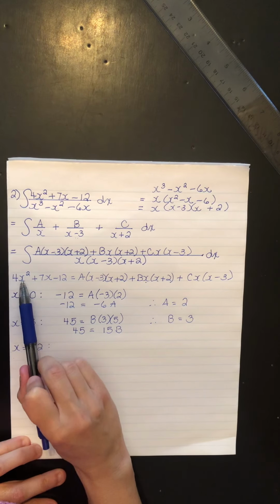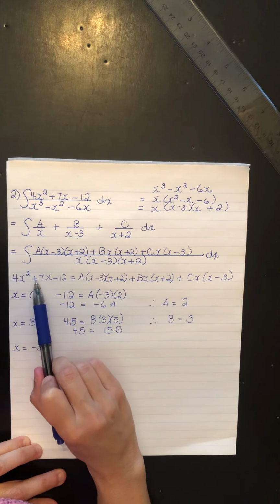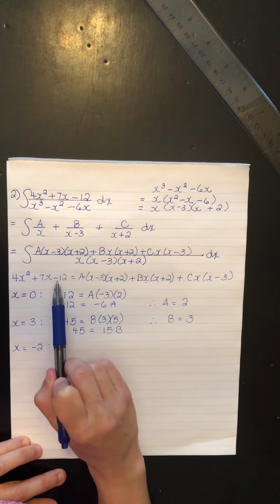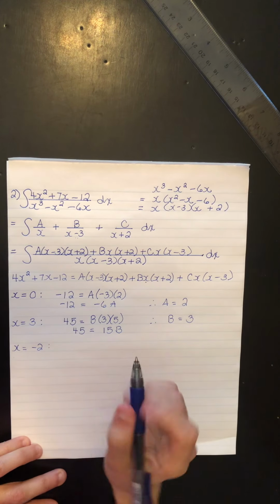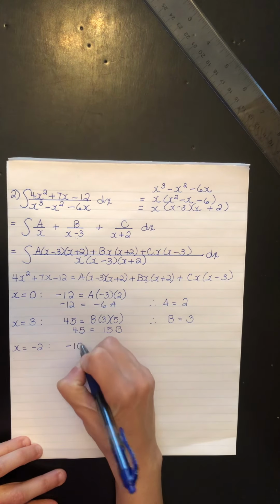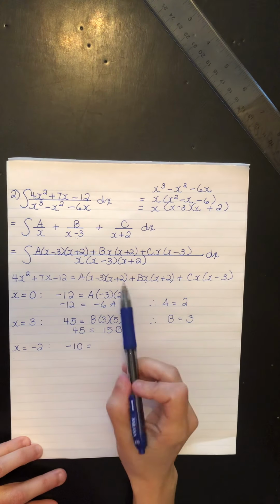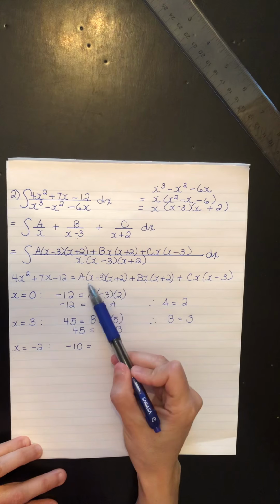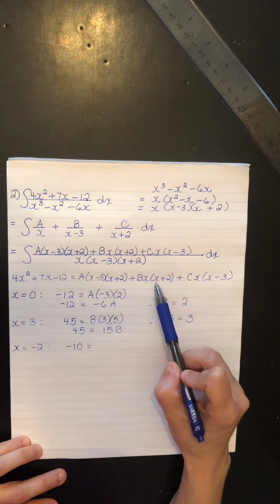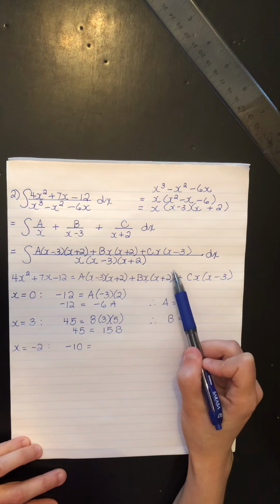The last root, remember, is -2. Be careful when you substitute -2 here. Remember, you have to bracket it. 4 times -2 all squared plus 7 times -2 minus 12 gives you -10. On the right side, -2 here gives me a 0. -2 here gives me a 0.